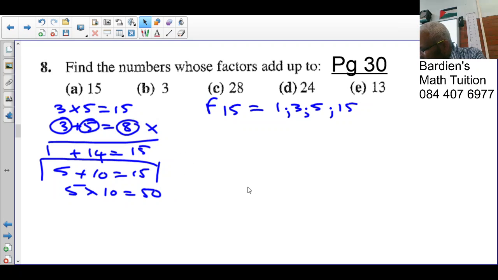Who else got 12 for C? Did you get 12 for C? Yes. You're the only one who got 12. Who got 8 for A? Who got an answer to E? Okay, let's see the calculation the person did.